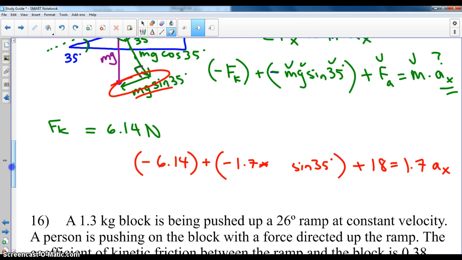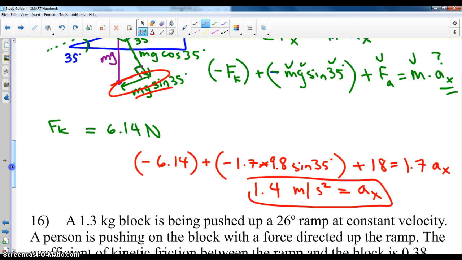G is not 1.9, is it? Long day. Sine theta. Plus 18. And then we have to divide everything by 1.7. And you get 1.4 meters per second squared. That's the acceleration up the ramp.